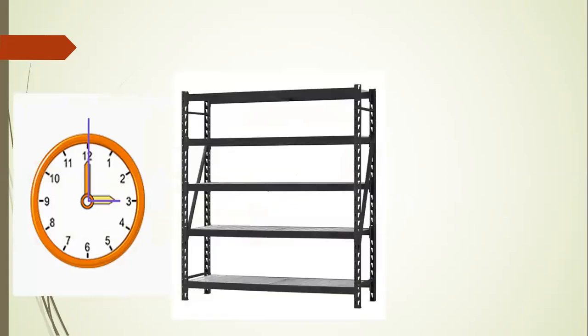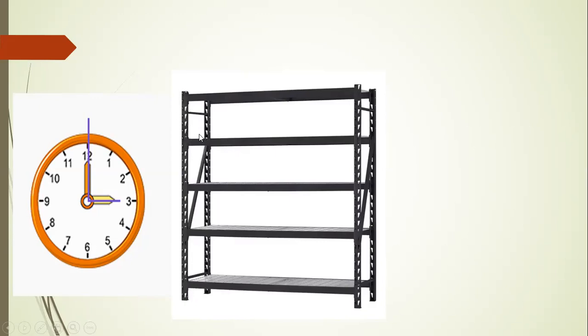If two lines are meeting each other such that they make an L shape, for example here, at 3 o'clock, the two hands of the clock make a right angle with each other, that is an L shape. Here this slab and this shelf make an L shape and they are exactly right to each other.